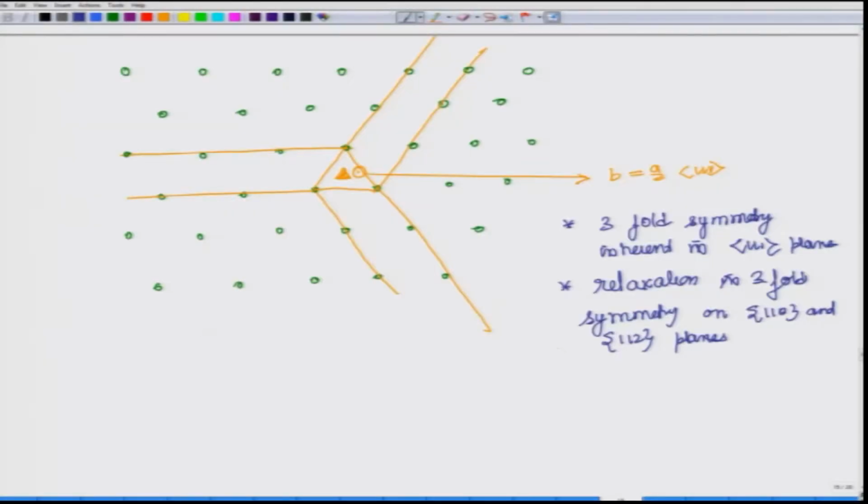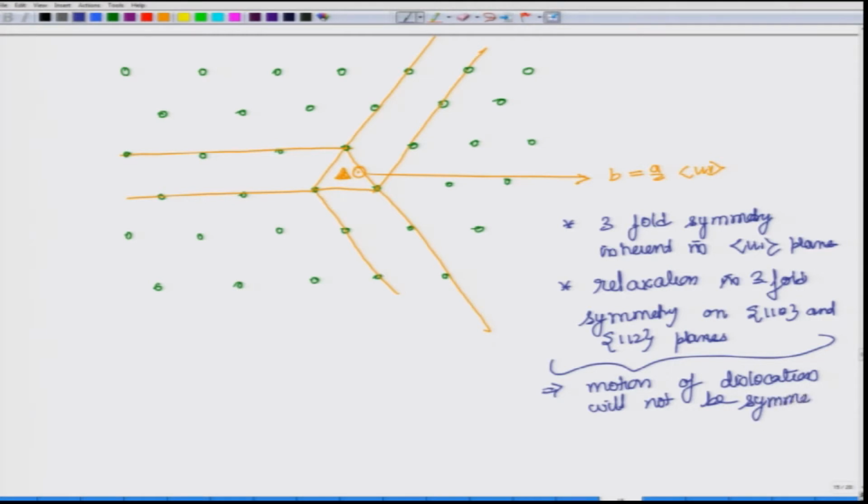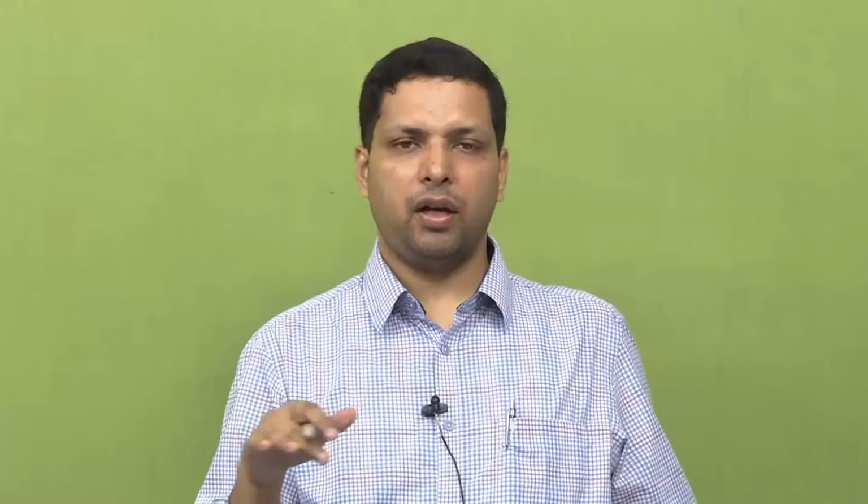So, one thing that we can say based on this is that the motion of dislocation will not be symmetric. Second, what we can say is that since this is the core structure, the core is non-planar. Okay. So, if you remember, only in the edge dislocation we talked about relaxation which took place in that plane, the plane normal to which is the extra half plane.